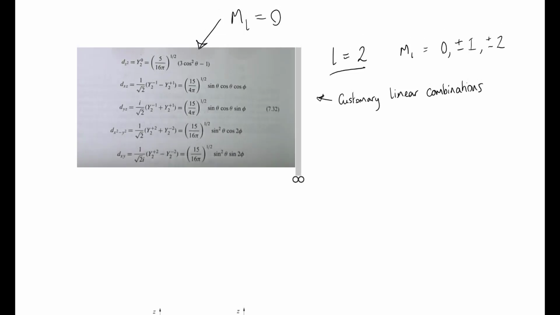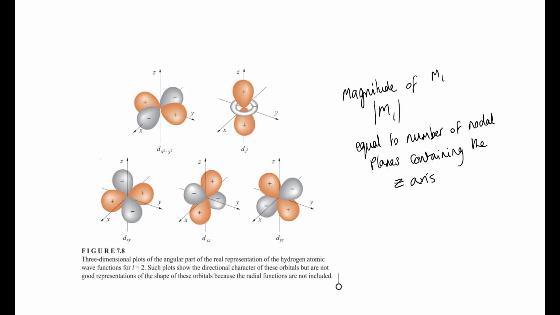There is no imaginary part to the angular part of the wave function for which m sub l is equal to 0, but the latter four equations shown here for 7.32 from the textbook have been modified so that we're only seeing the real portion of the angular wave function. And it's these five equations that are going to be demonstrated in the following graph.